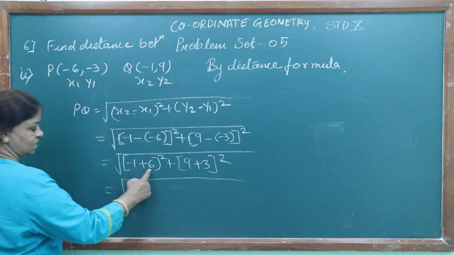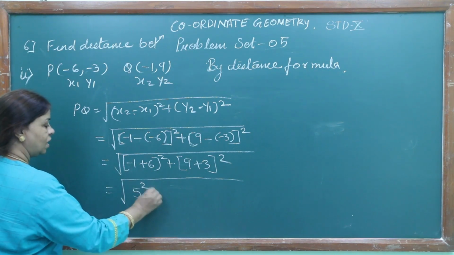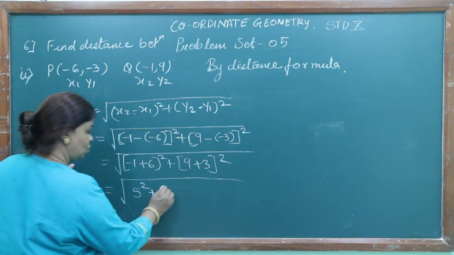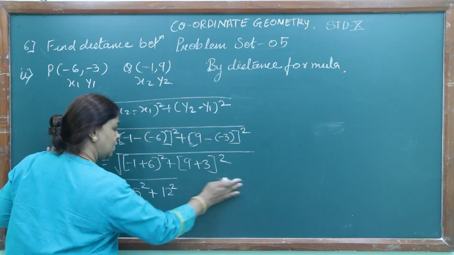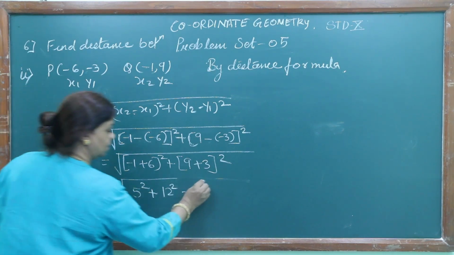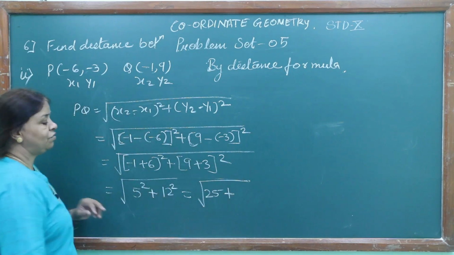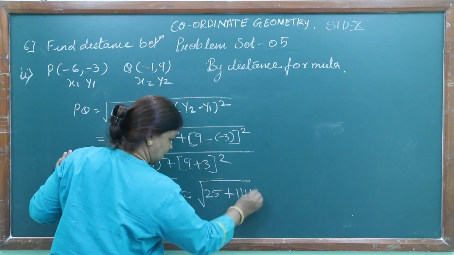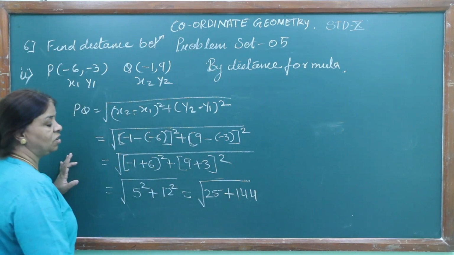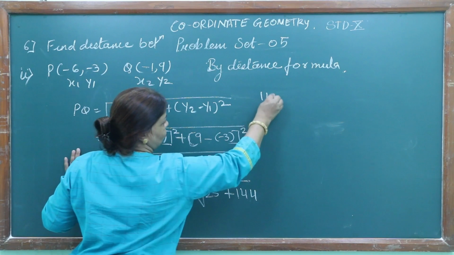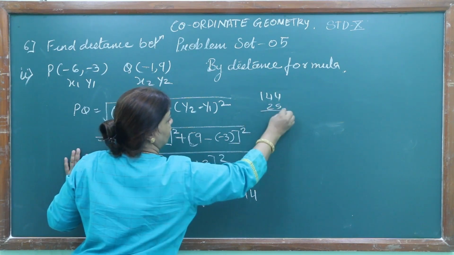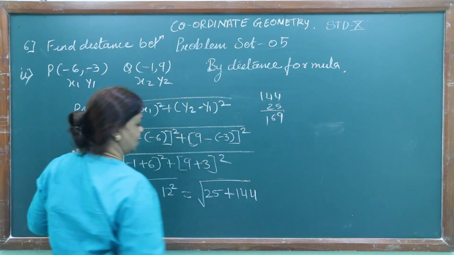Minus 1 and plus 6 will be 5 the whole square plus 9 plus 3 will be 12 the whole square, which will be 25 plus 144, and if I add 25 and 144 it will be 169, children. See, 144 and 25, 9, 6, 169.